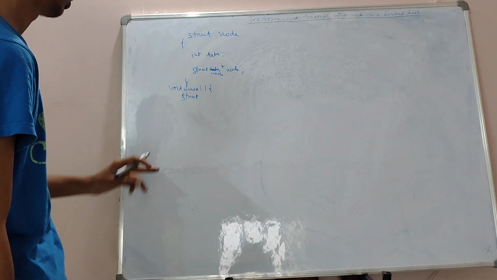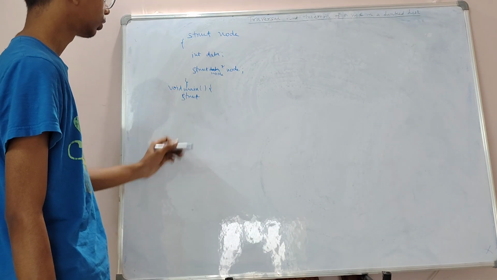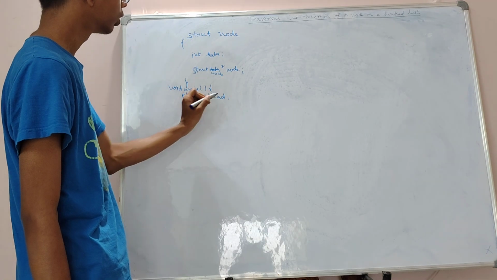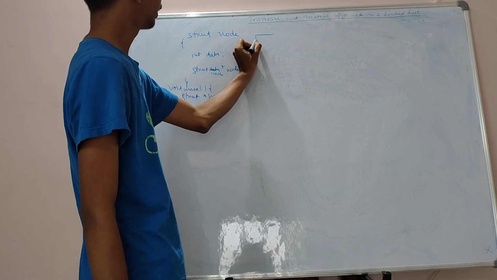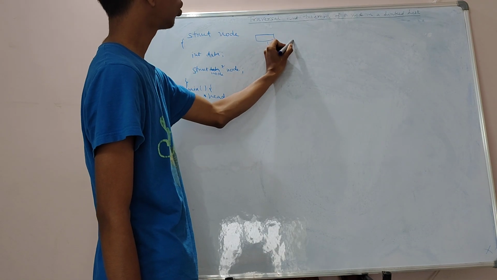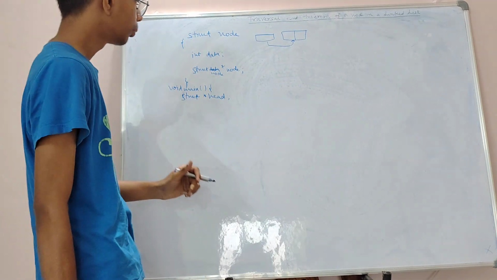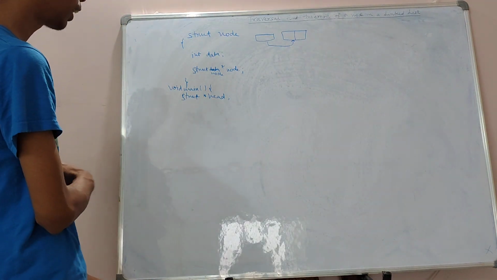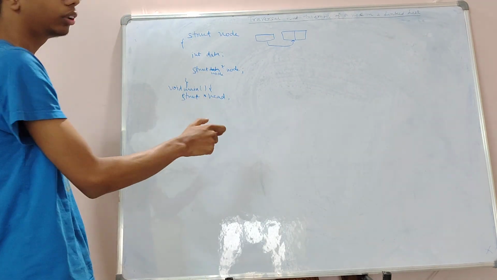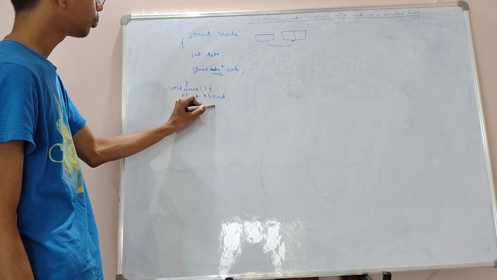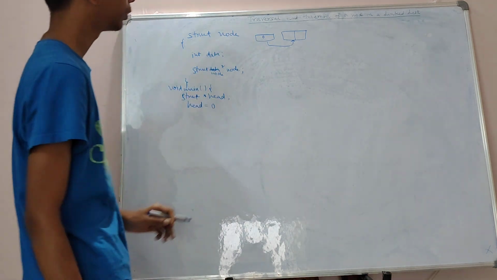We will declare a pointer head, right? So that head can contain or point to my node, right? But right now I don't have any node, so I will initially give the value in my head as 0, right?